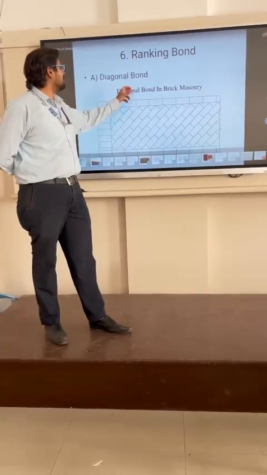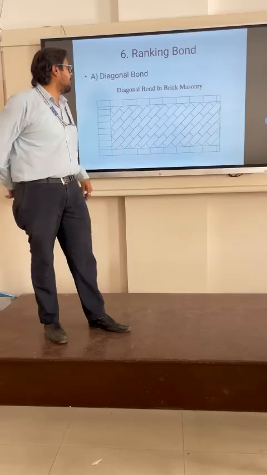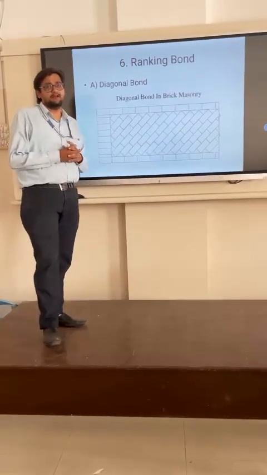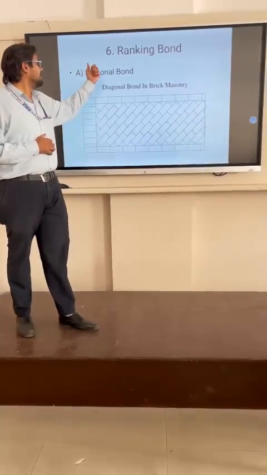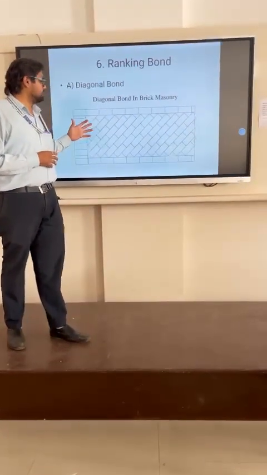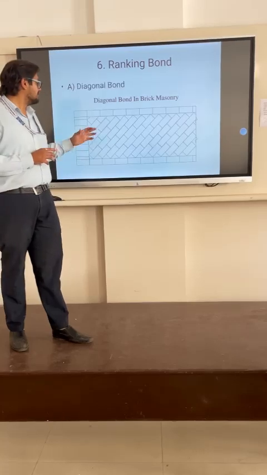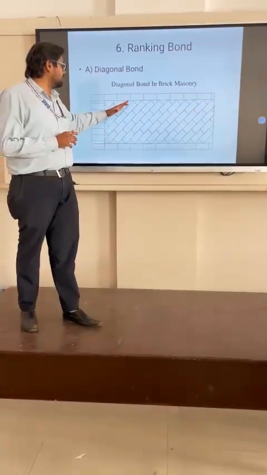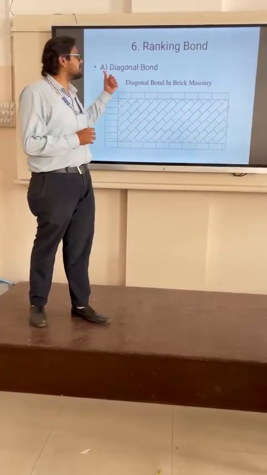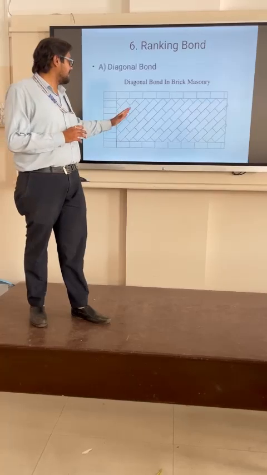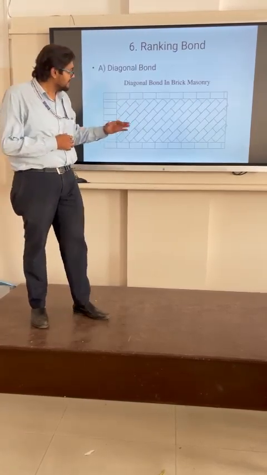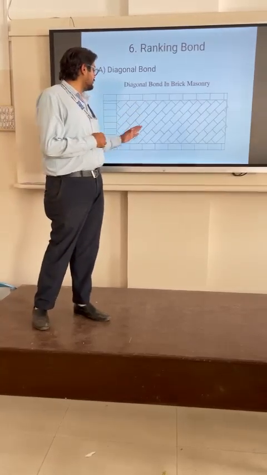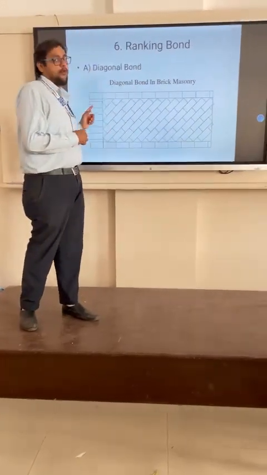Again, this is one of the bonds, the breaking bond, divided into two types. One is the diagonal bond. You can see from the image that the bricks placed in this breaking bond or diagonal bond are not perpendicular, they are at 45 degrees to the base of the wall.